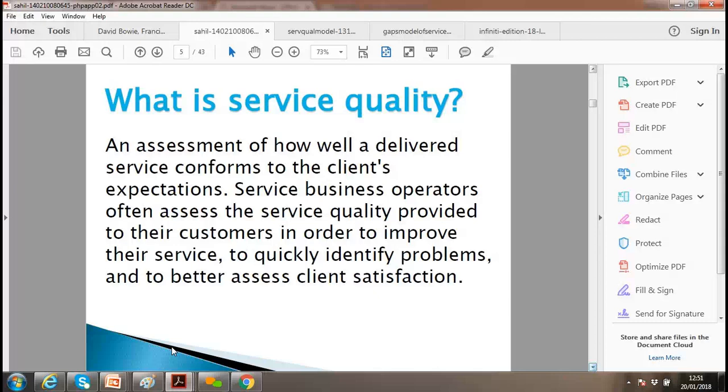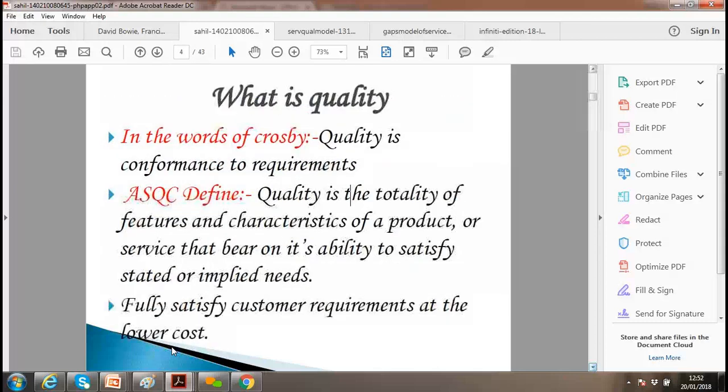Why would I wait for a few hours? So service business operators often assess the service quality provided to their customers. That's what the feedback at the end of the call is, and the customer service feedback card. Lots of hotels and restaurants get feedback as well.